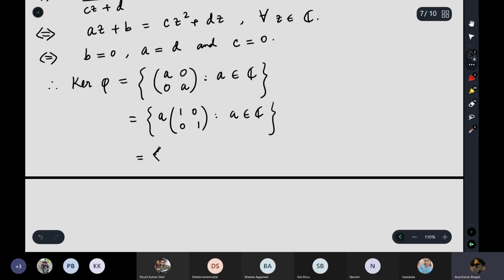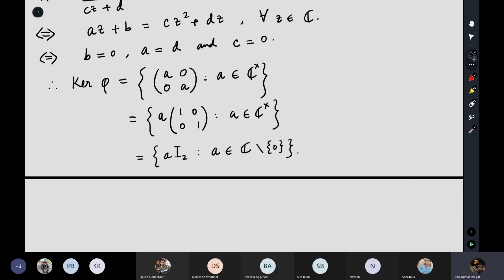Let me not write this way, and I have to write one more condition: a is in C star, a cannot be 0. If a is 0, then this will no more be a member of this. So this is of the form a times the identity matrix of order 2 such that a is a non-zero complex number.